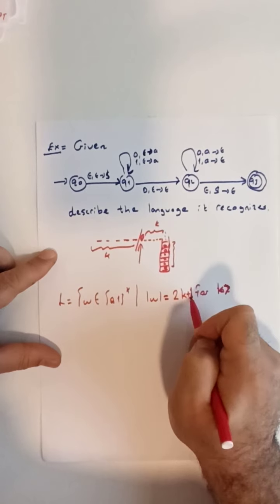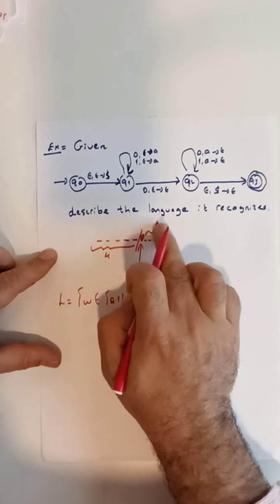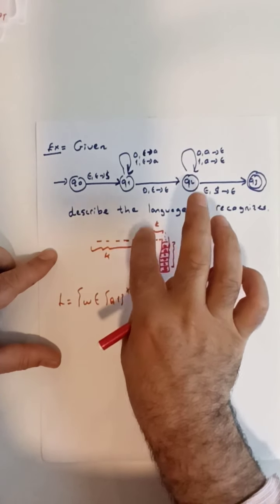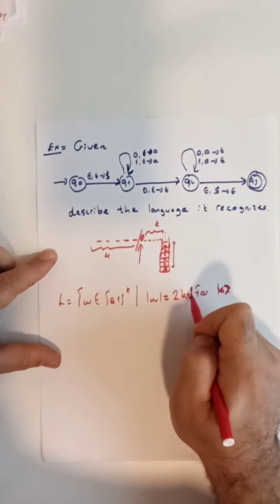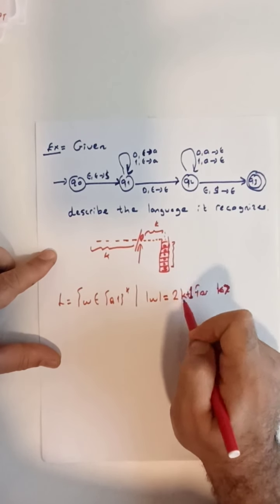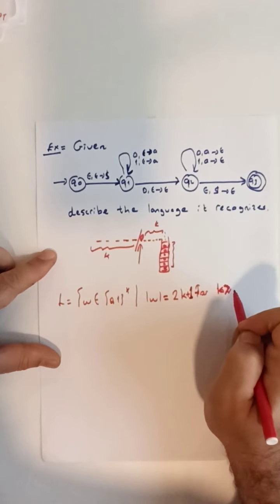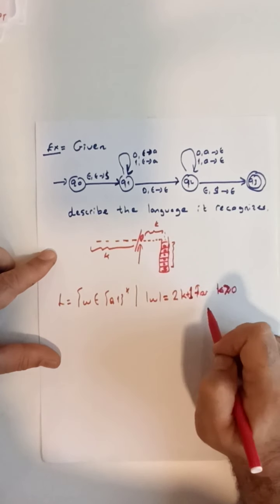The length should be odd because we have k on each side, and an extra 0 in the middle. It should be 2k plus 1 for k greater than or equal to 0.